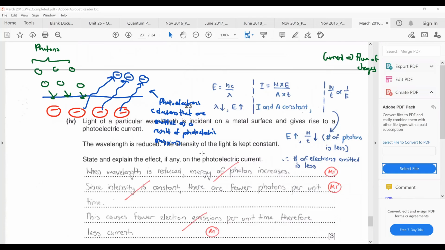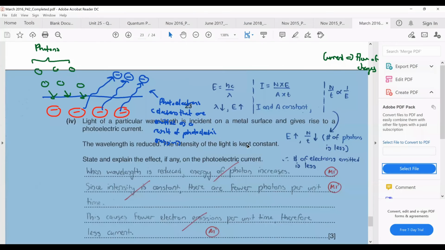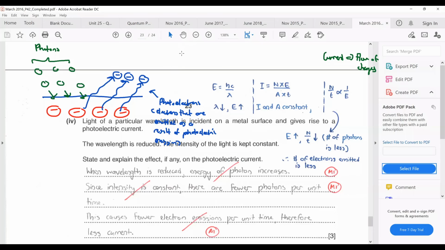So when they ask you about photoelectric current, it is referring to this. Photoelectric current is basically the flow of photoelectrons. That's what this one is talking to you about.